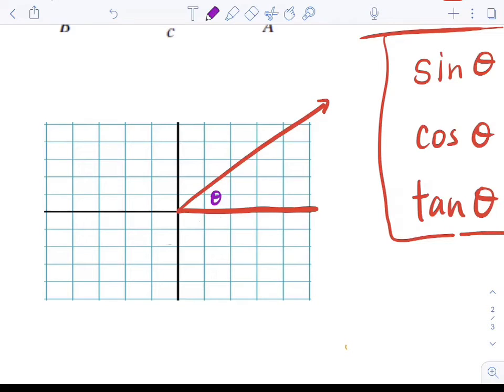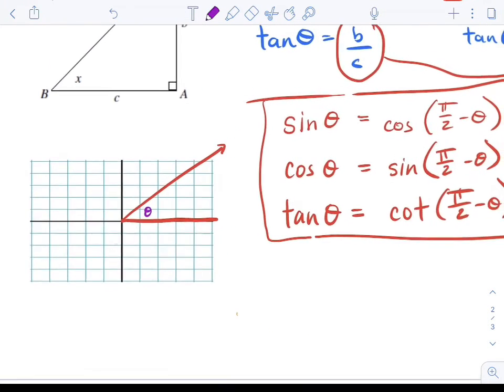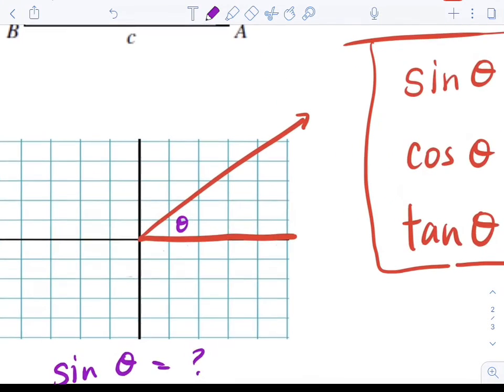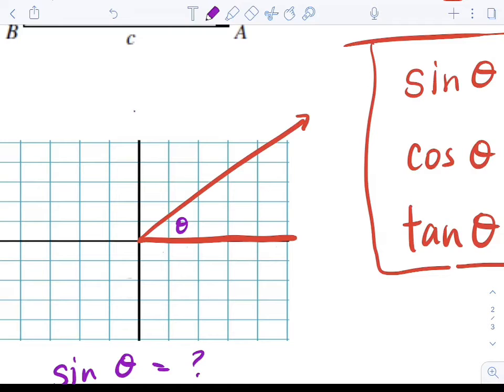So what do I know about this compared to our co-function identities? Like, let's suppose I want to know, well, what's sine theta and cosine theta equal to? Well, let's take this quadrant. If I know up here is pi over 2, I know that the angle that's created in here has got to be pi over 2 minus theta.